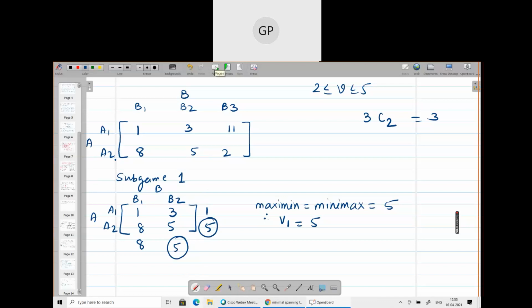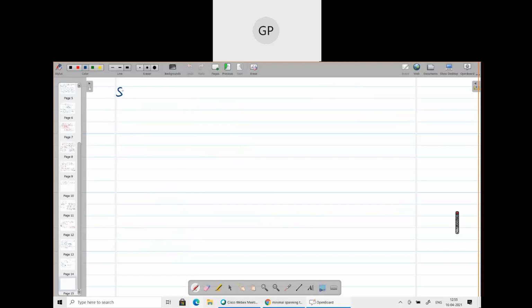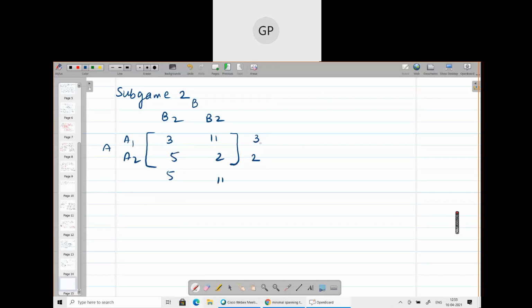Have you finished writing? Yes, ma'am. Subgame 2. We will take B2 and B3 strategies. For player A, A1, A2 remain the same. So for B2, B3, what is the matrix? 3, 11, 5, 2. Again, I will check the saddle point quickly. 3, 2, 5, 11.